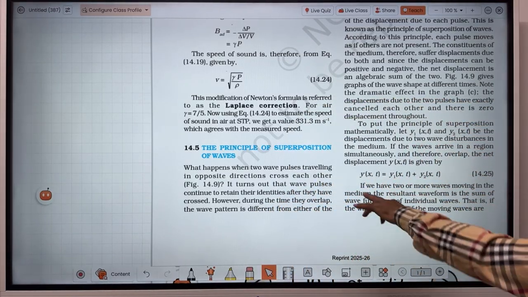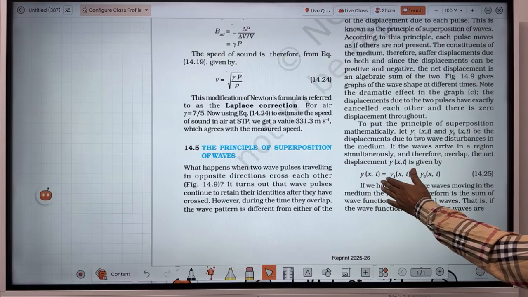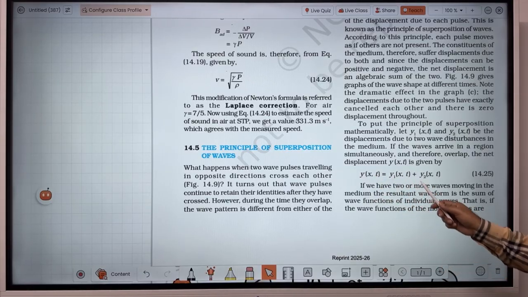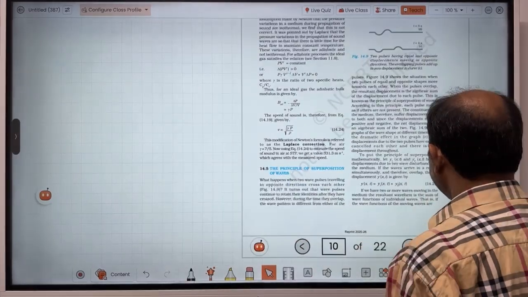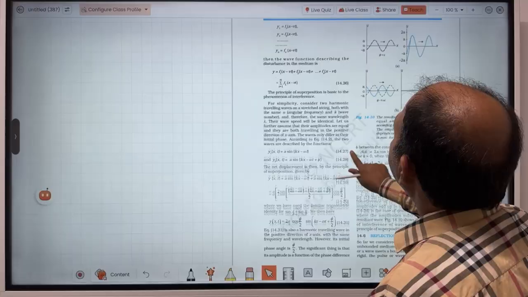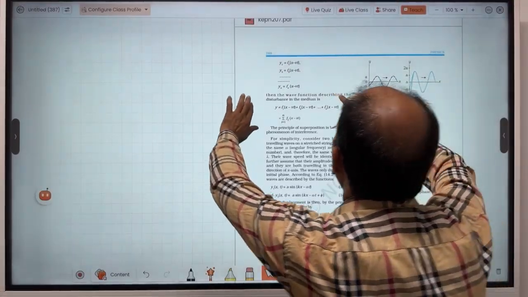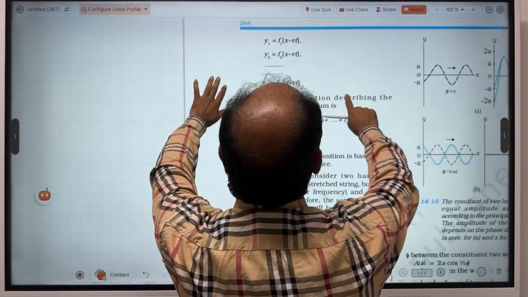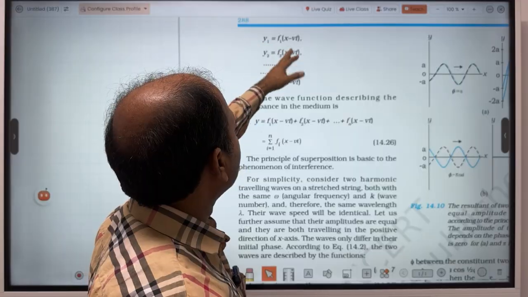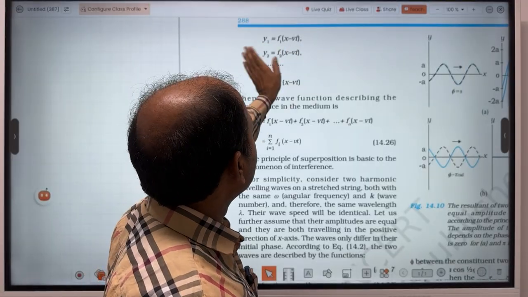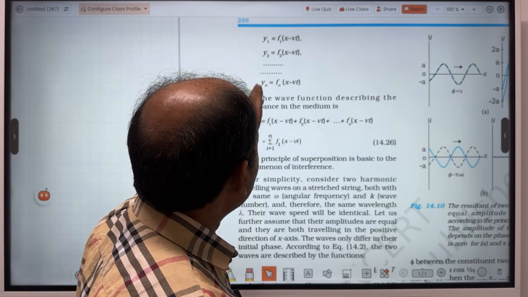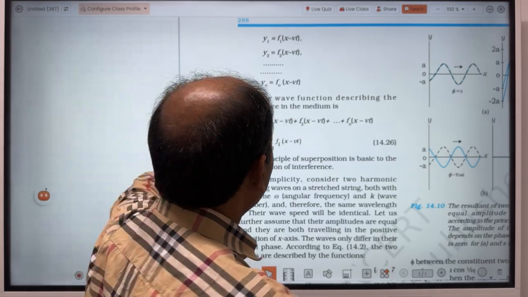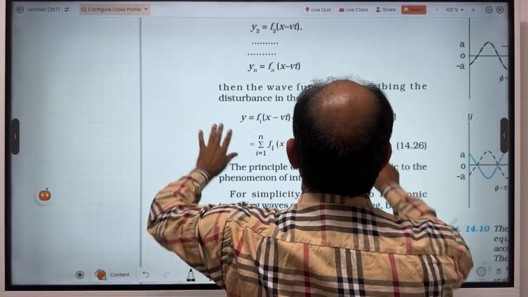So here the resulting wave y as a function of x, t will be equal to y1 as a function of x, t plus y2 as a function of x, t. Now here the waves can be written as y1 is f1(x minus vt), y2 is f2(x minus vt), or yn is fn(x minus vt).